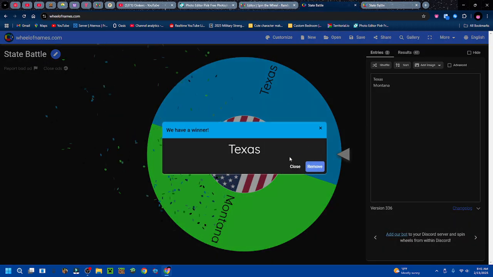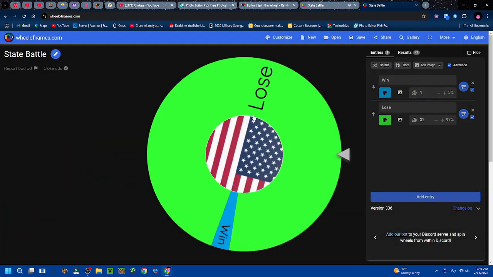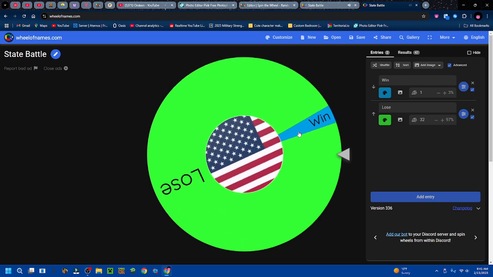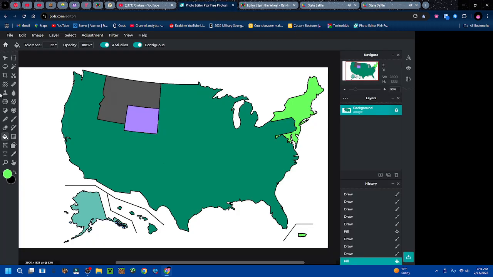This is their ratio of winning and losing right here. Maybe it is because they got very close, but they still lost. So now they're under Texan rule.